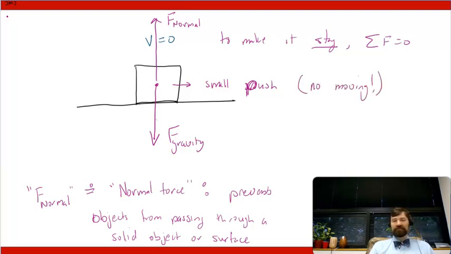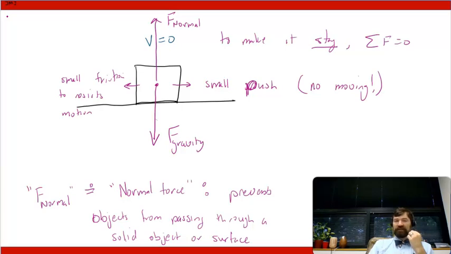How is that possible? Well, we basically get a small amount of friction which resists the motion. This is what's called static friction. And it turns out that this static friction has a variable value from 0 all the way up to some maximum value. And again, we'll learn about that in a different video.